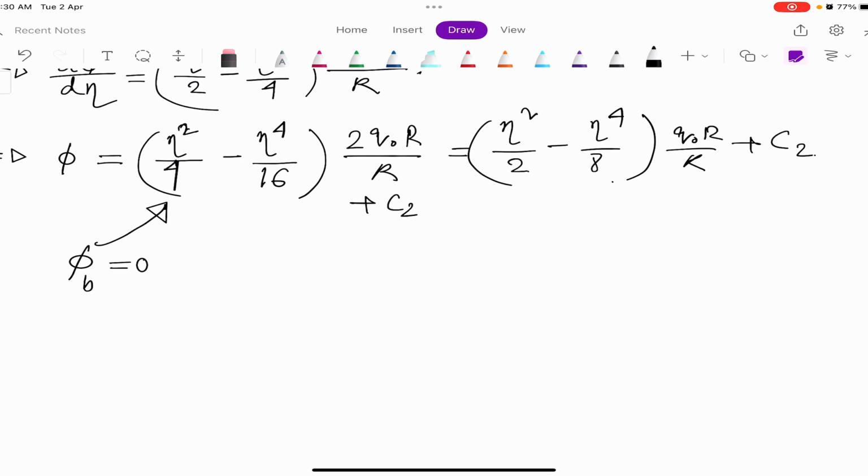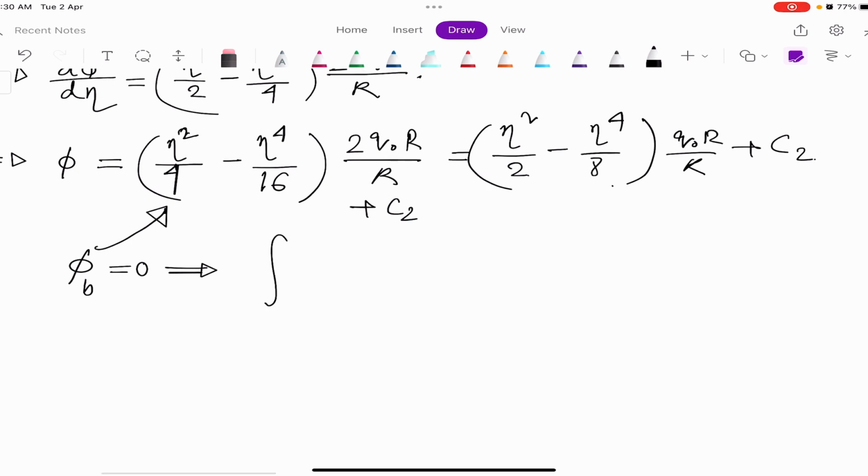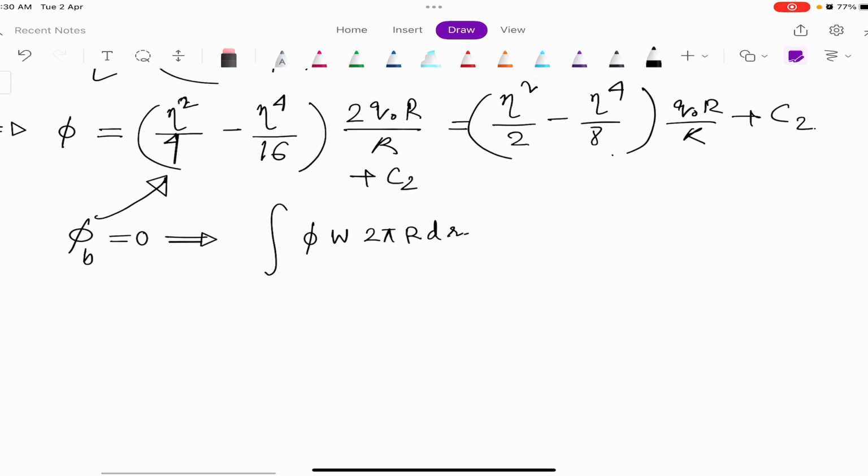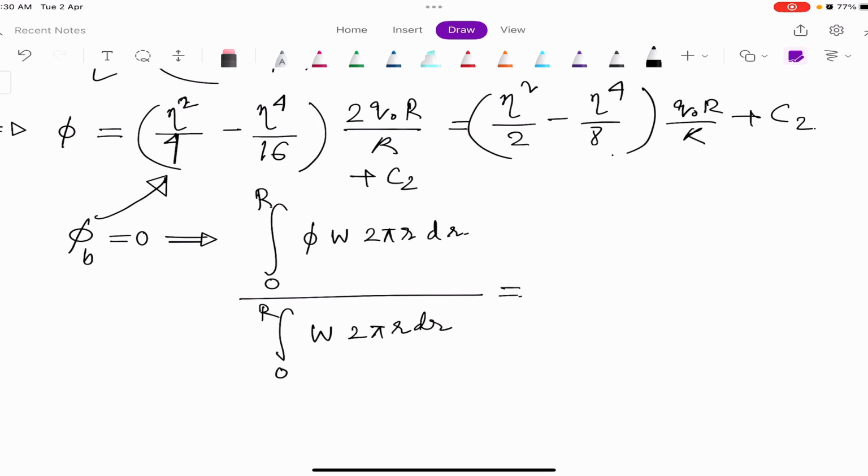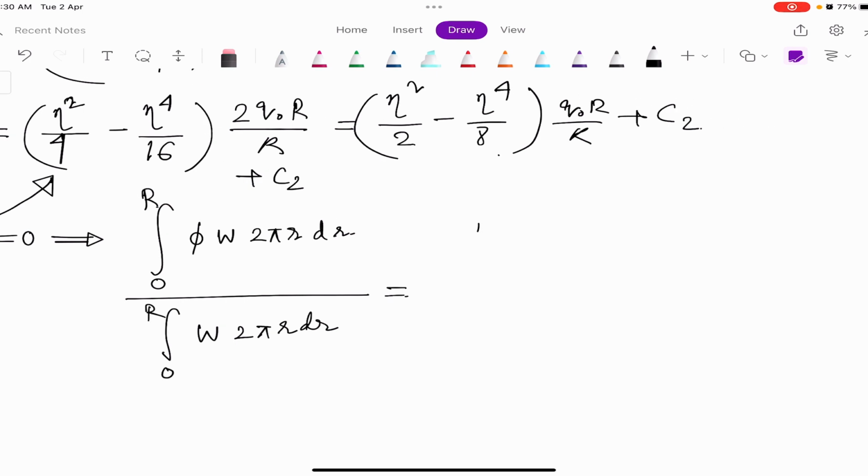So now from this equation, what will be φ_b? φ_b will be the integral from 0 to R of φ w 2πr dr, divided by the integral of w 2πr dr. Sorry, this is not capital R, it is 2πr dr, from 0 to r. Now this is φ into w by w average.